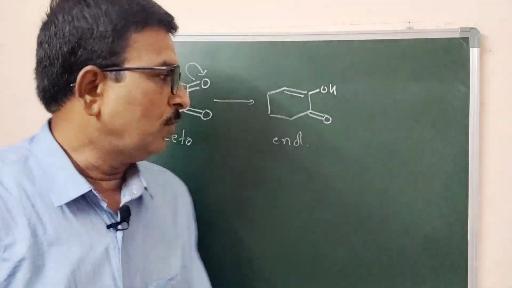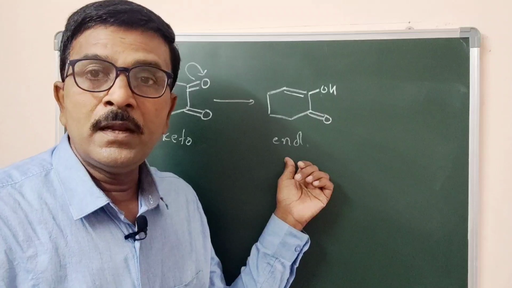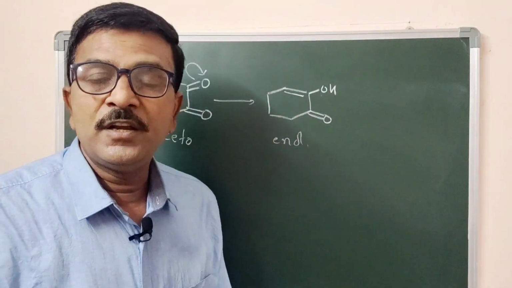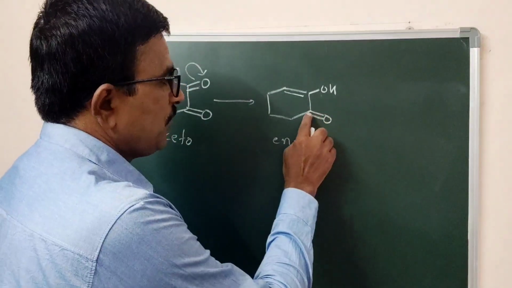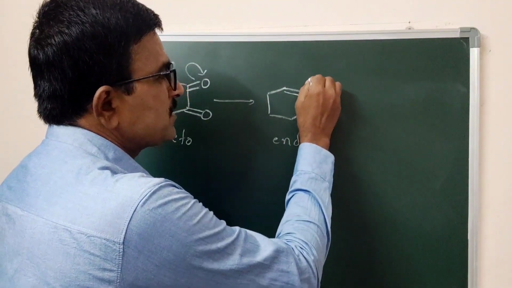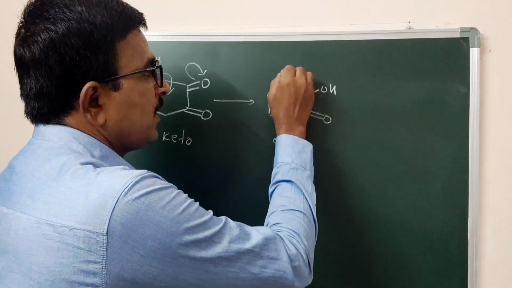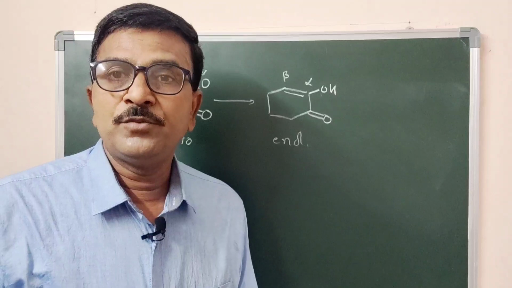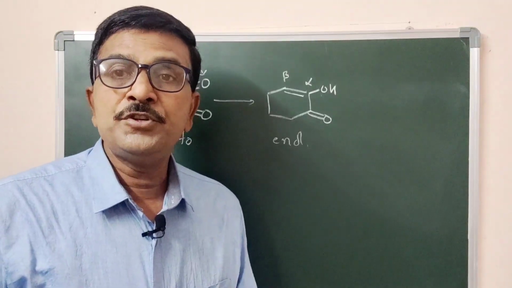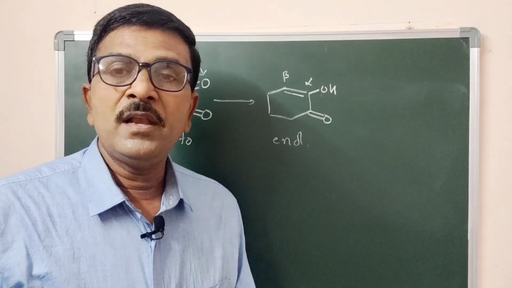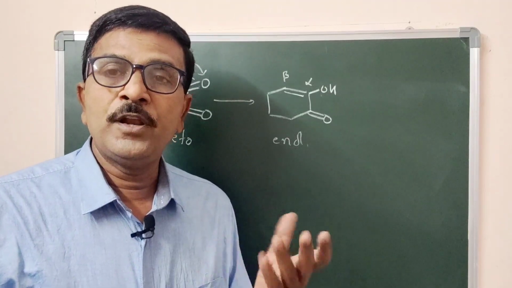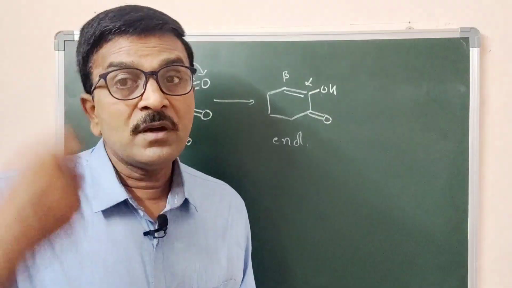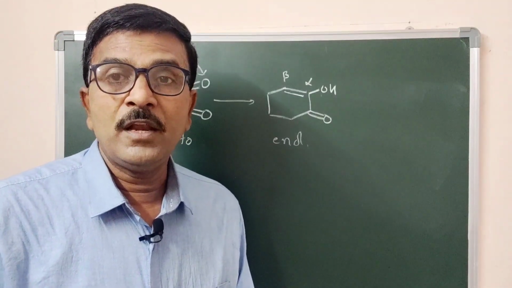Is it clear? Now in the enol form a diketone becomes alpha beta unsaturated carbonyl. Alpha with respect to C double bond O, this carbon become alpha, this carbon become beta. It is like alpha beta unsaturated carbonyl. Hence we should use the same basic value and same increment value corresponding to different substituent which could be used in the case of alpha beta unsaturated carbonyl compound.